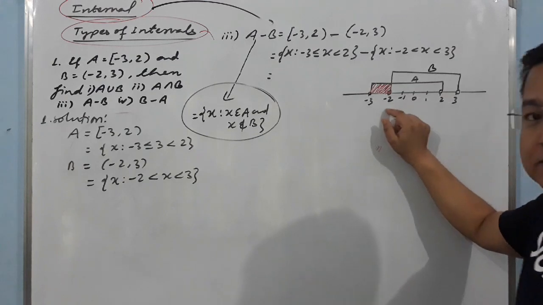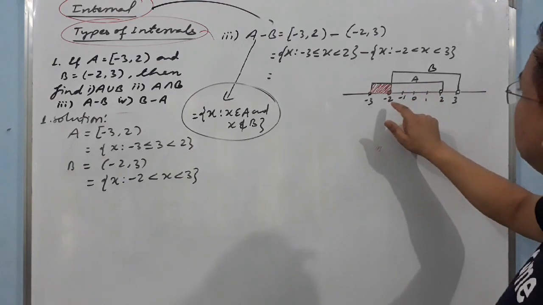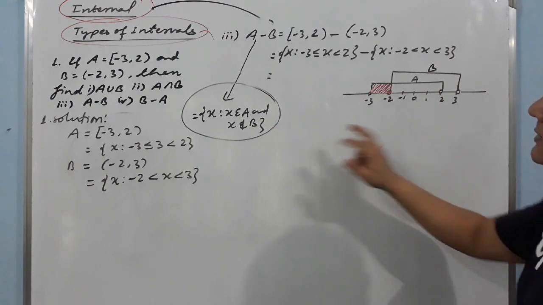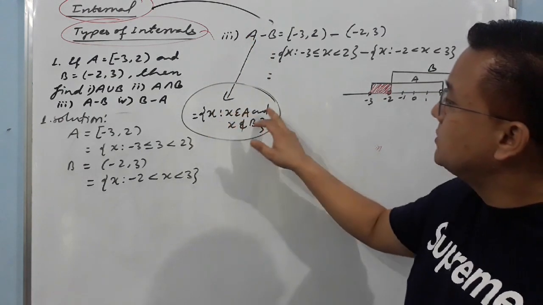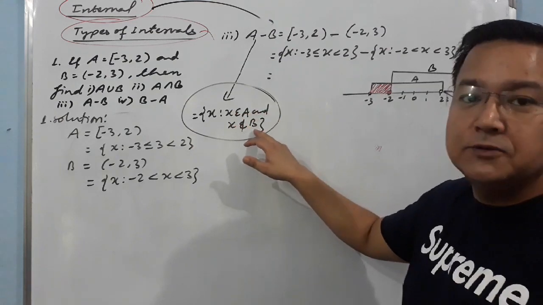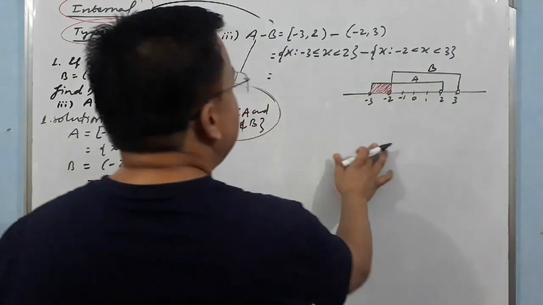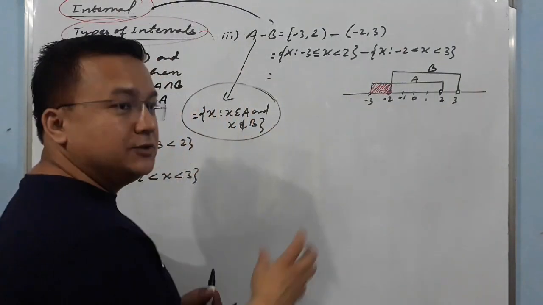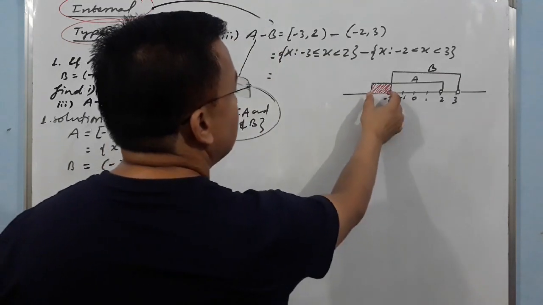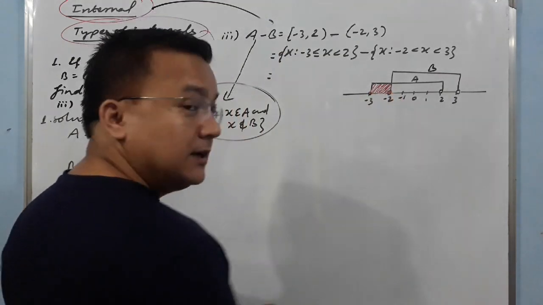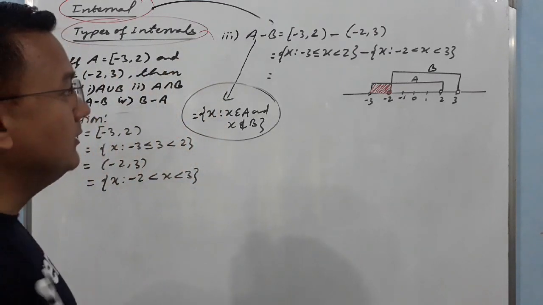Negative 2 is also an element of A, but not an element of B. So according to the definition of A minus B, x such that x belongs to A and x does not belong to B. Alright. So here students generally see just here dark, here empty. They write down according to these two symbols, these two circles. That's why they do it wrong.